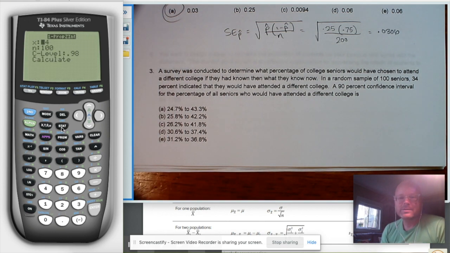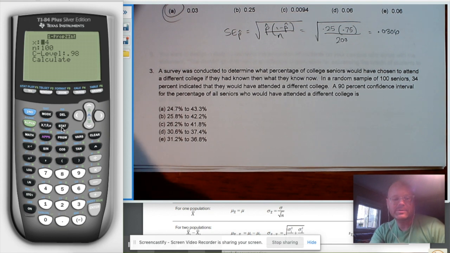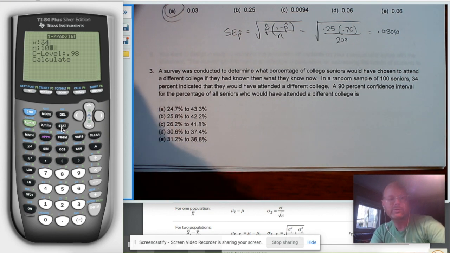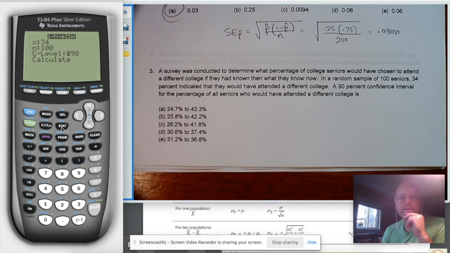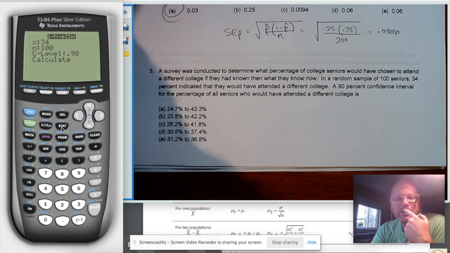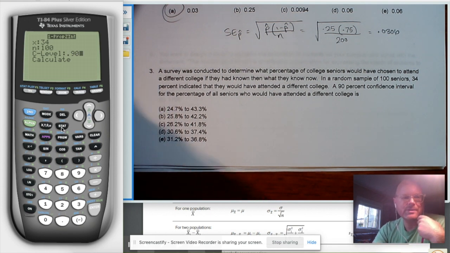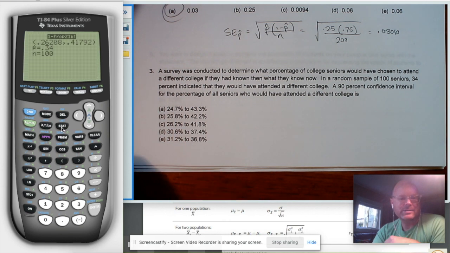And let's see, in a random sample of 100. So it's 34 out of my 100 seniors who said they would go somewhere different, and a 90% confidence interval. C level is 0.9. Calculate, and that's all there is to it. 0.262 to 0.418.